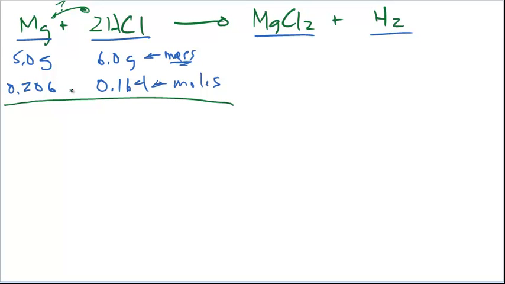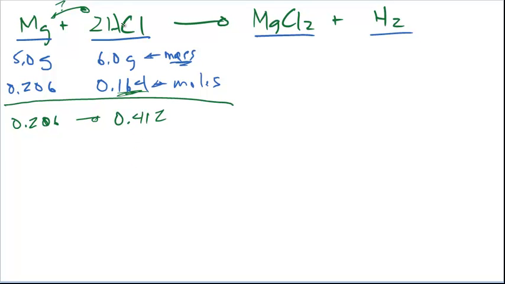I think you can see that if you're given 0.206 moles of magnesium, you're going to need twice that many moles of hydrogen chloride in order to completely use this up. Which would be 0.412 moles of hydrogen chloride. And clearly, we don't have that. We're way short on the HCl.